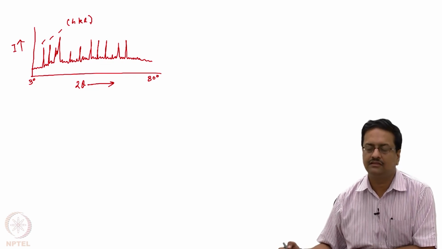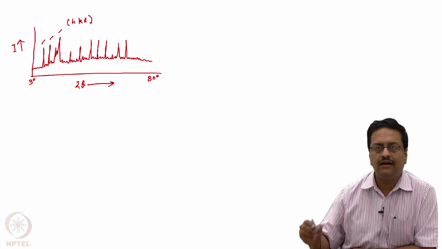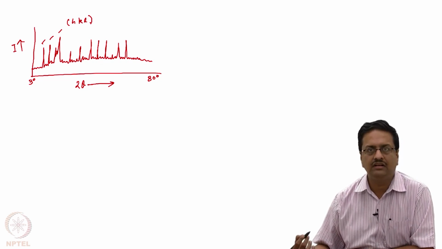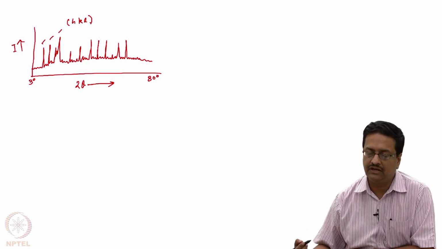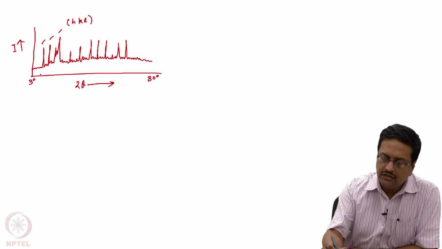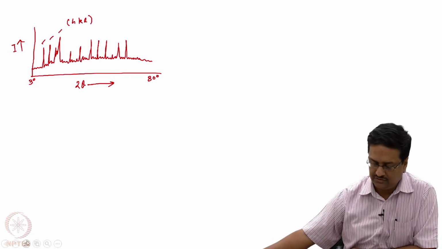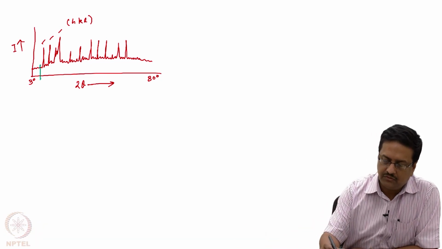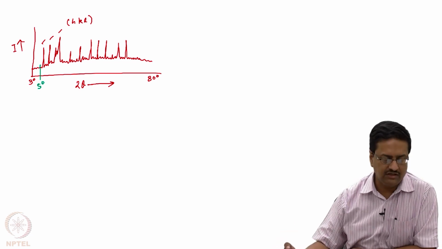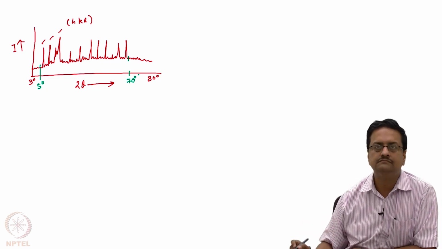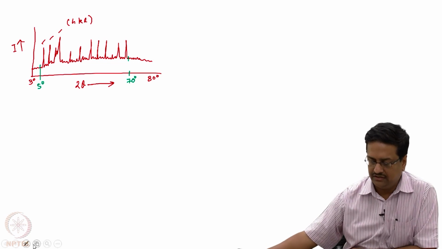And we have also seen in the case of cubic system how those H, K, L values can be identified, and from that how one can determine the unit cell parameter, and also identify the lattice centering. Suppose in this particular case which I have drawn here, the peaks in this diffraction pattern range from about 5 degrees in 2 theta to about 70 degrees in 2 theta, and suppose I have recorded this using copper K alpha radiation.